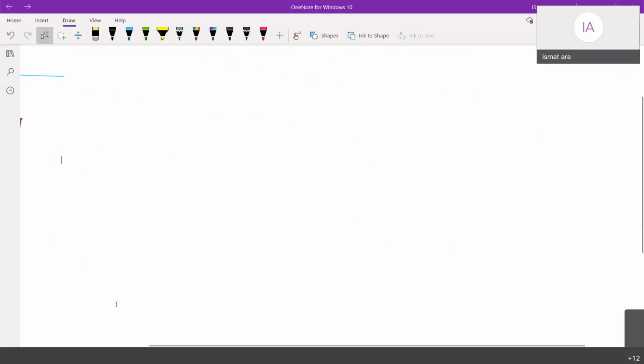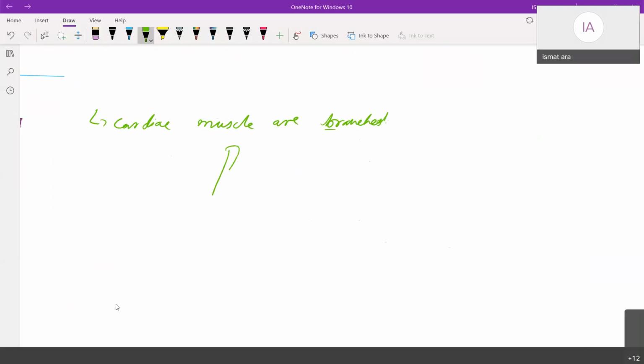Now, cardiac muscles are branched muscle. We know that cardiac muscles are branched. Suppose this is the cardiac muscle, like this. Now, this branching, they are connecting with this branching.